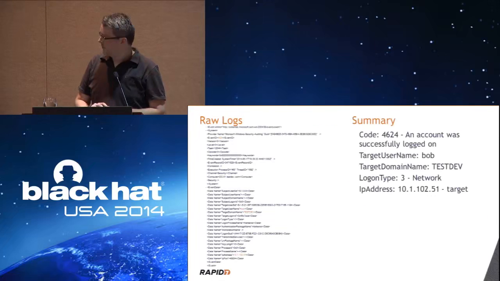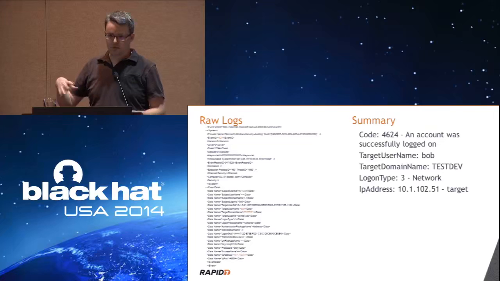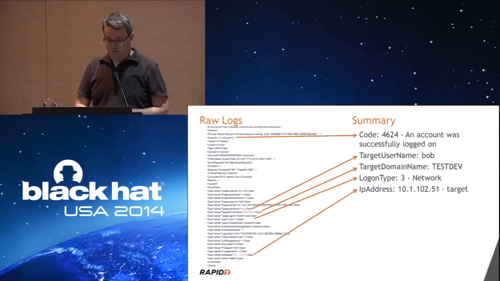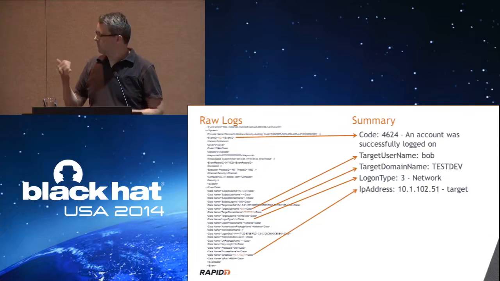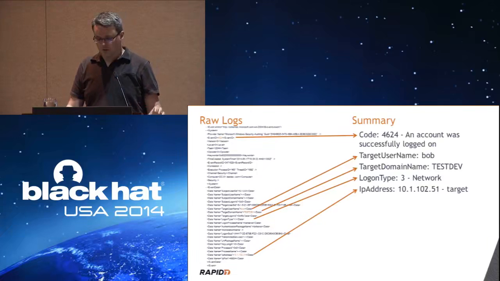So this is an awesome eye test right here, but for the purposes of this presentation, we're going to take these raw logs that are the XML output from Windows event logging, and just distill out the relevant bits and pieces to summarize and present in these slides rather than dealing with the XML.